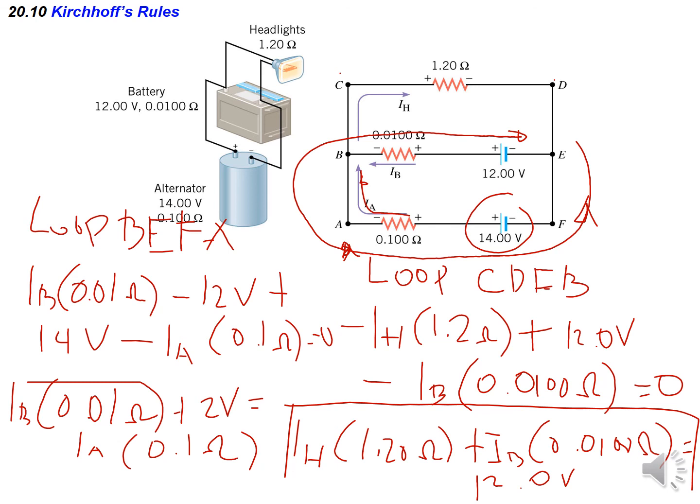So that will be the simplified equation. So we have, this is the second equation, and then this is our third equation. So based on the first, second, and third equations, let's compute for the current.